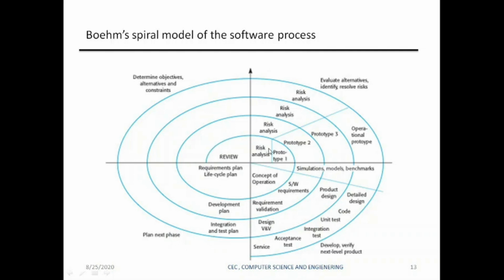Each spiral represents one stage: the specification stage, the implementation phase, the validation phase, and the evolution phase. But here also each phase is divided into 4 sectors: the objective setting sector, the risk assessment and reduction sector, the development and validation sector, and the planning sector.